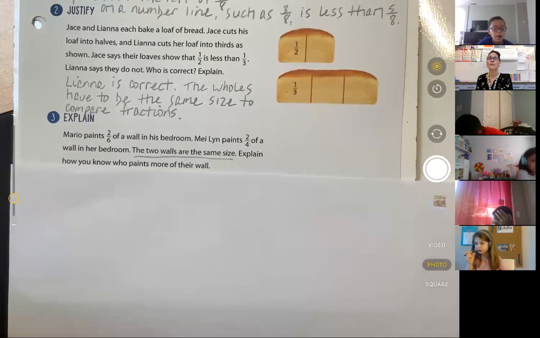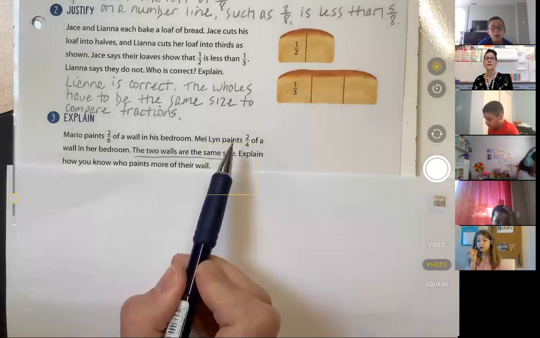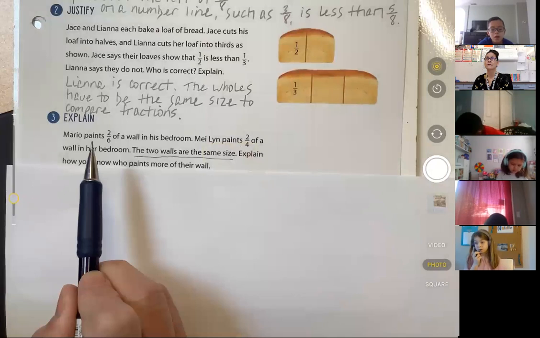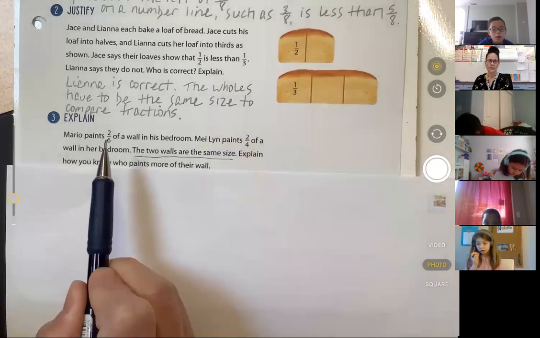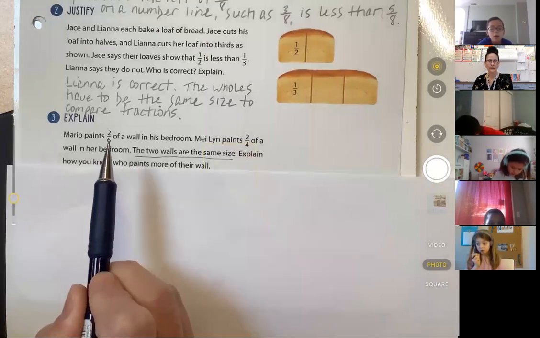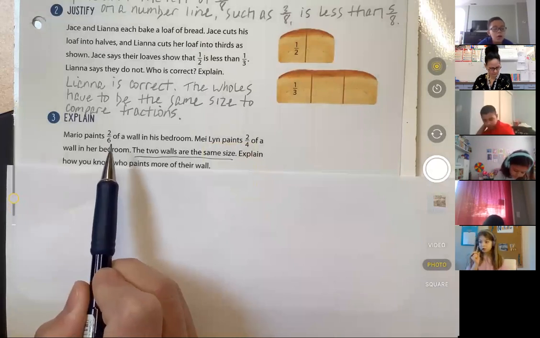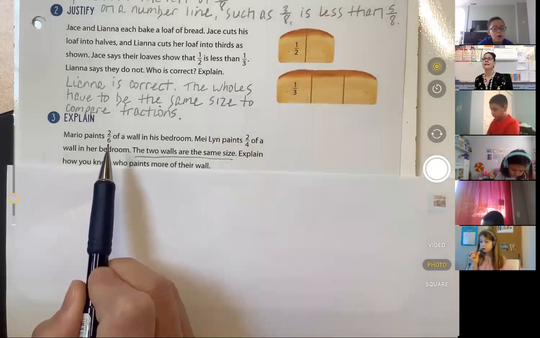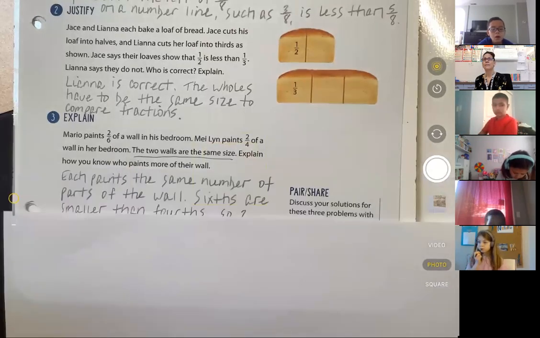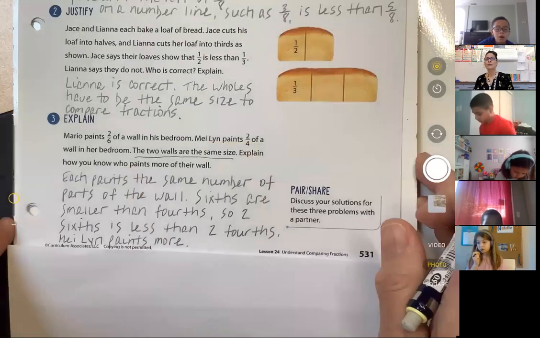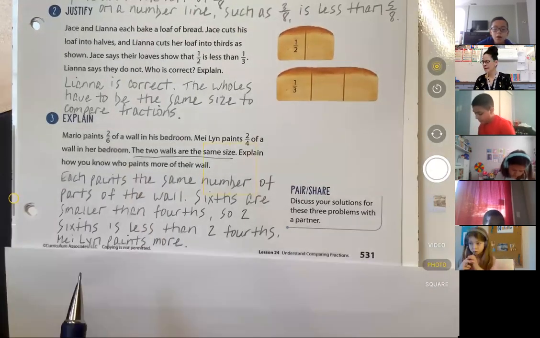Explain how you know. So friends, again, we've got numerators that are the same, but denominators that aren't. Remember what we talked about yesterday. The bigger the denominator, the smaller the piece. So let's take a look. Now, each paints the same number of parts of the wall. We can agree to that.